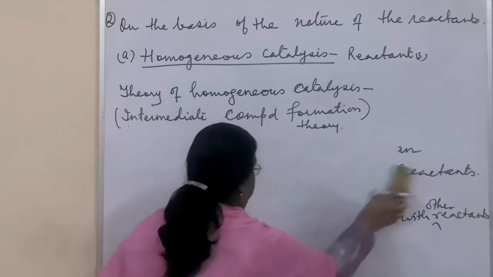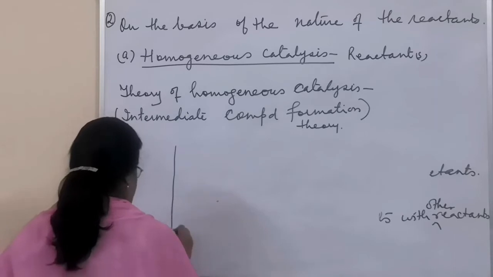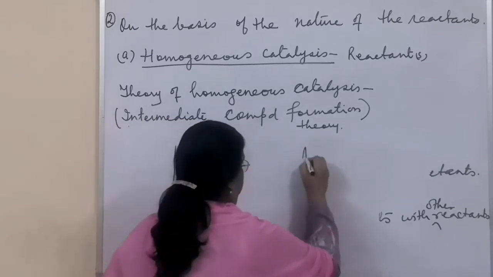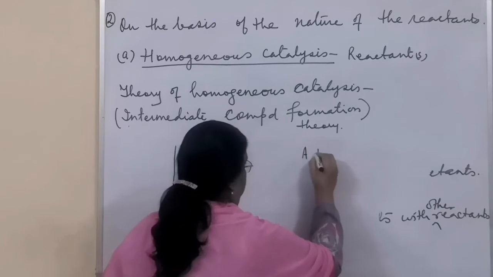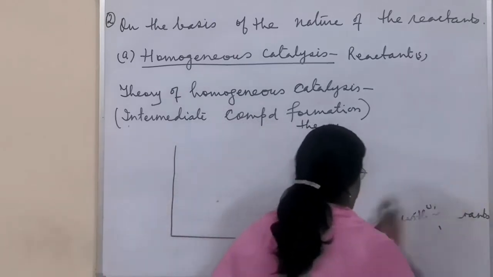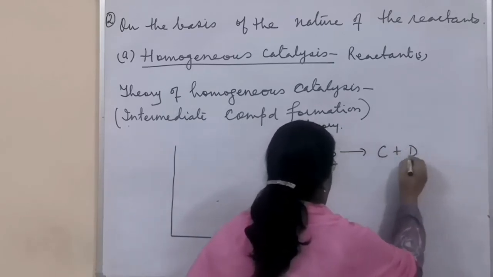It is more based on chemical kinetics. If I show you a reaction graph, suppose you have A and B as two reactants combining and giving you C and D as products.